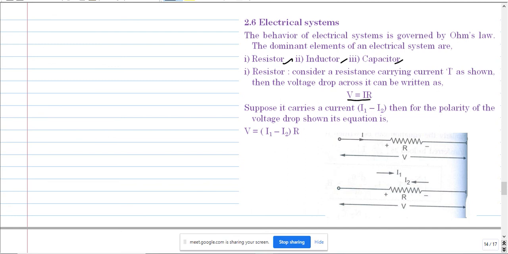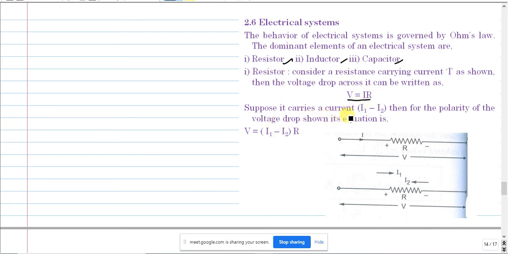Let me consider a simple electrical circuit carrying current I, having a resistor, inductor and a capacitor. So how to write the equation? The same way, you need to understand the individual elements. So V is equal to IR.